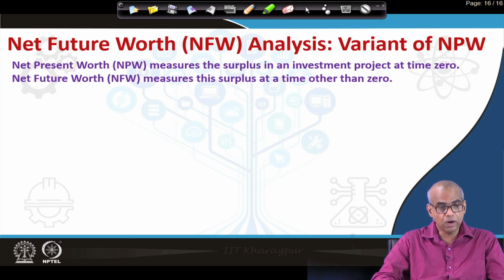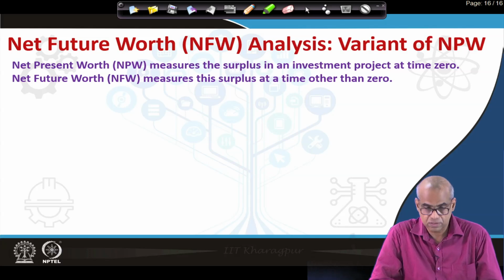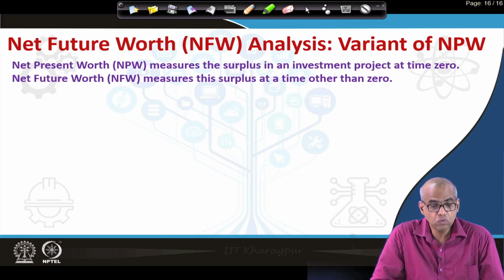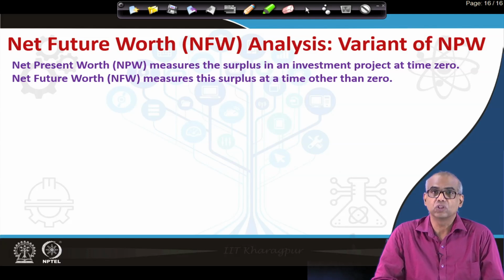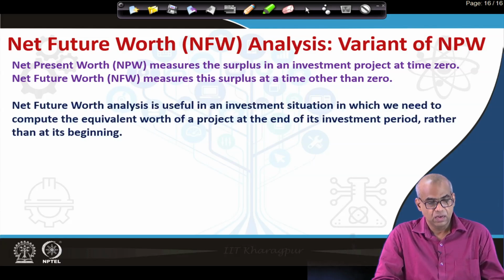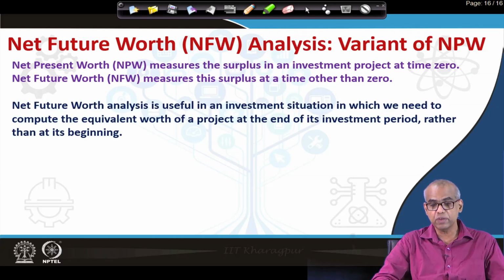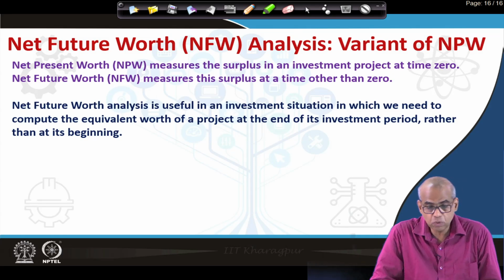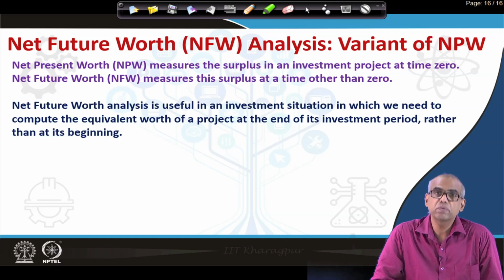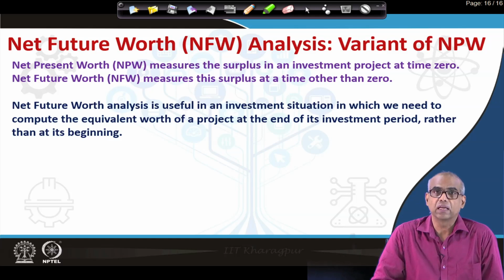So, we will start with net future worth analysis. The net present worth measures the surplus in an investment project at time 0, but net future worth measures this surplus at any time other than 0. Net future worth analysis is useful in an investment situation in which we need to compute the equivalent worth of a project at the end of its investment period rather than at the beginning.